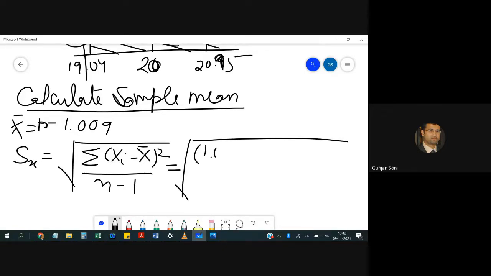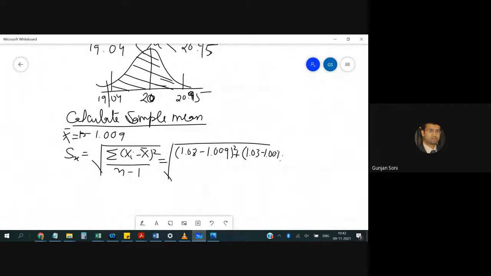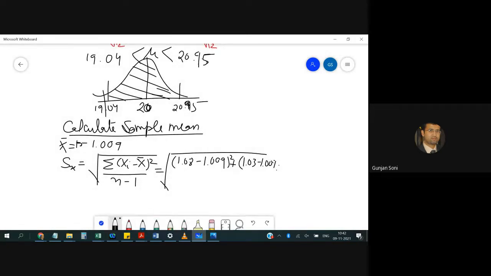So 1.08 minus 1.009, 1.009 whole square plus another value 1.03 minus 1.009 whole square, divided by how many observations? 14 observations. 14 minus 1. So these are the observations which we have. Now quickly calculate the value or let me know what is the value of Sx.